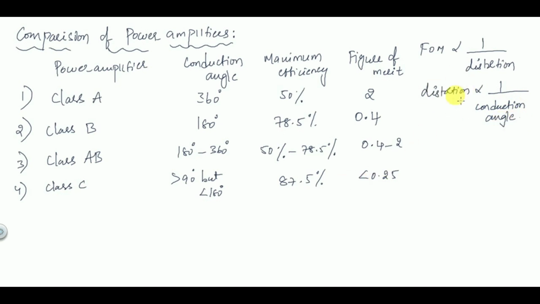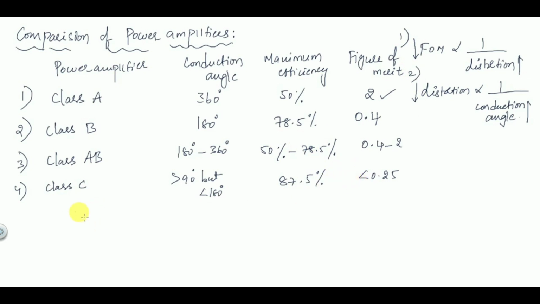When the conduction angle is more, the distortion is going to be less and the figure of merit is more. So these are the important relationships to find the figure of merit or distortion.